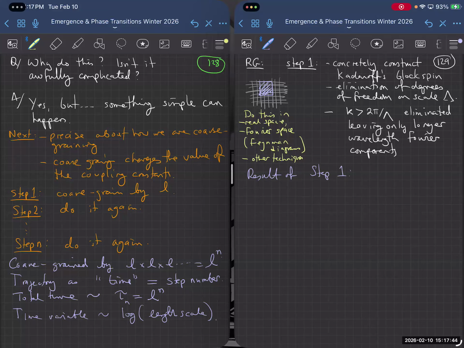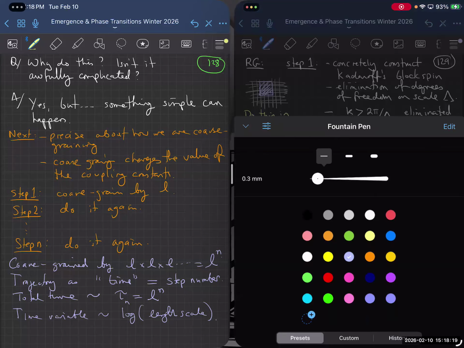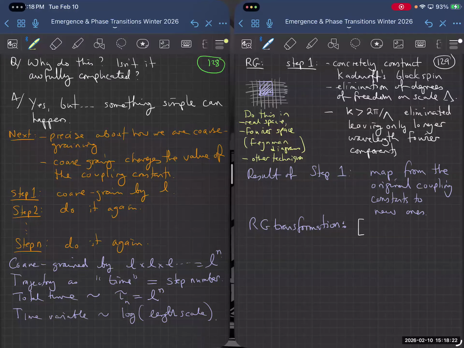is that I've made a mapping. I've made a map from the original coupling constants to new ones. And so when we talk about the renormalization group, what we really mean by that is a renormalization group transformation. And what that is explicitly is a map of saying, take a vector of all the coupling constants after I've done this coarse graining.